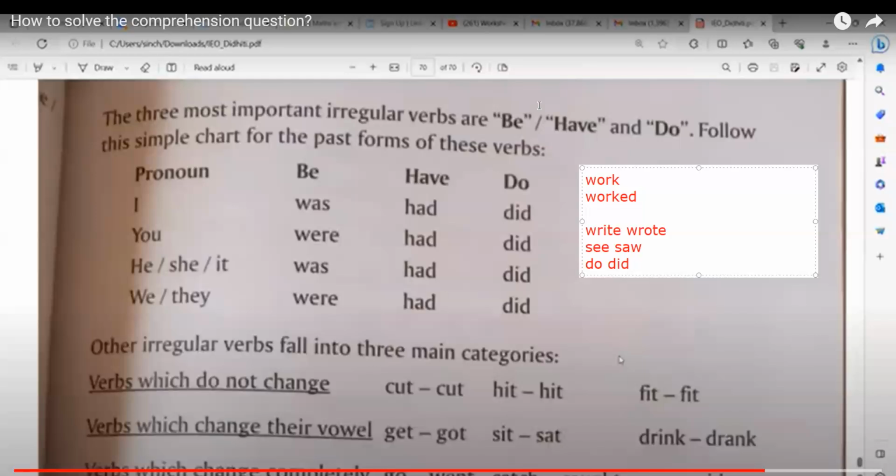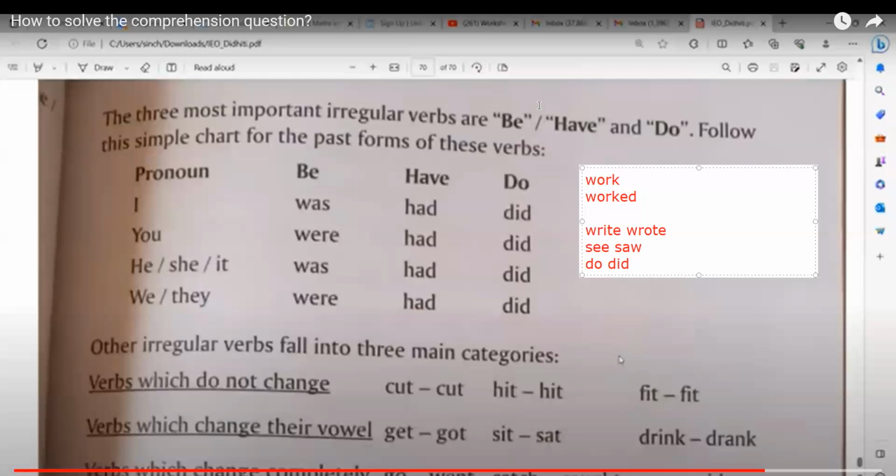In case of living things, it became he or she. But in case of only non-living things, it became it. No, not only non-living things. For animals also we use it. Why?